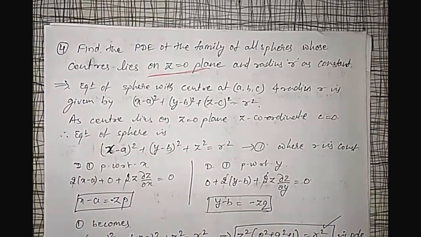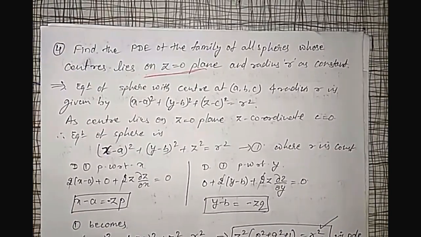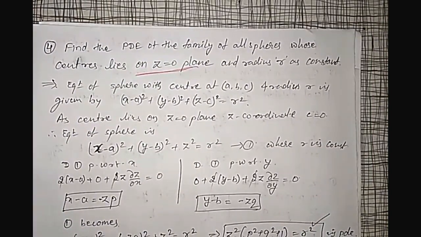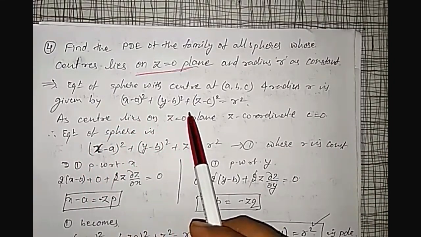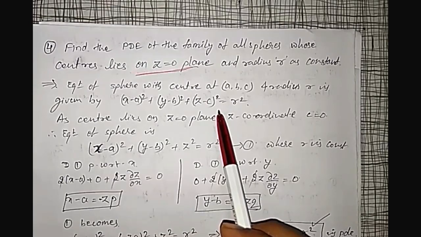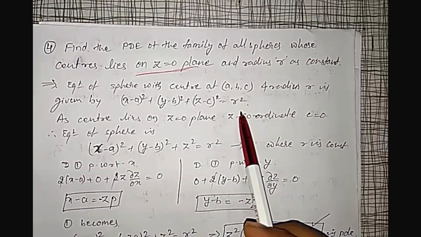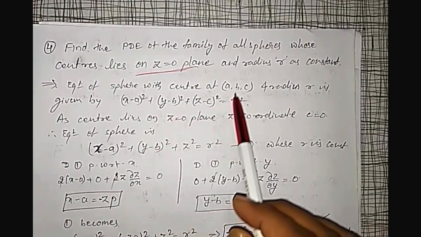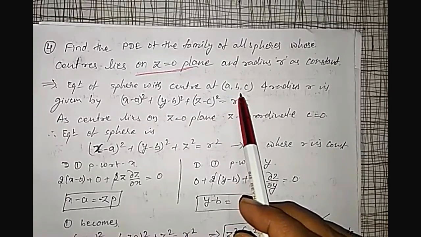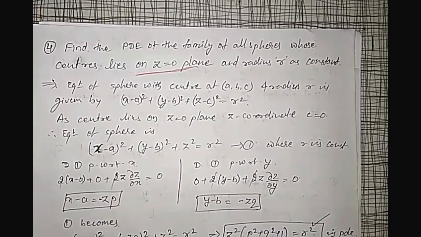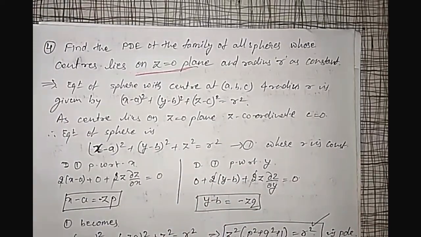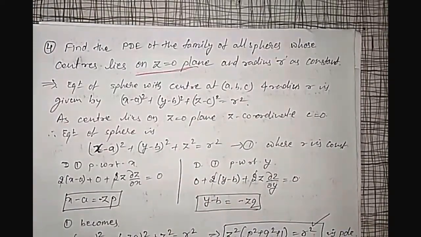Here we know that the equation of the sphere whose center is at (a, b, c) and having radius r is given by x minus a the whole square plus y minus b the whole square plus z minus c the whole square equal to r square. Here (a, b, c) is the center anywhere in space. But in this particular problem they have given that the center lies on the z equal to 0 plane.